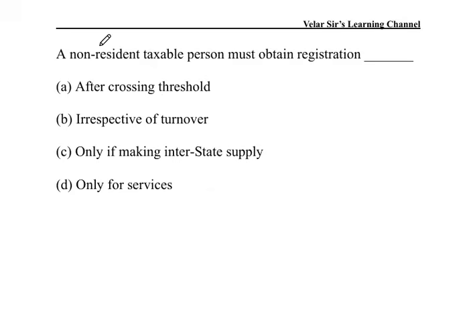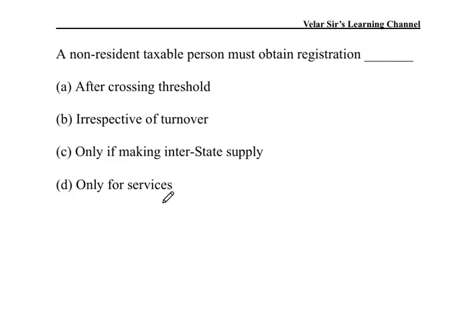Next, in non-resident taxable person, that is NRTP, we can say NRTP must obtain registration within dash. Options are: first option, after crossing threshold; second option, irrespective of the turnover; C option, only if making interstate supply; fourth option, only for services.